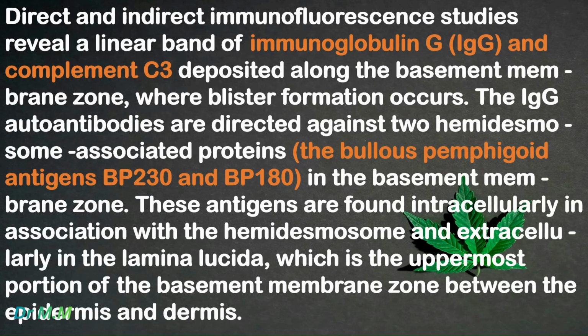These antigens are found intracellularly in association with the hemidesmosome and extracellularly in the lamina lucida, which is the uppermost portion of the basement membrane zone between the epidermis and dermis.